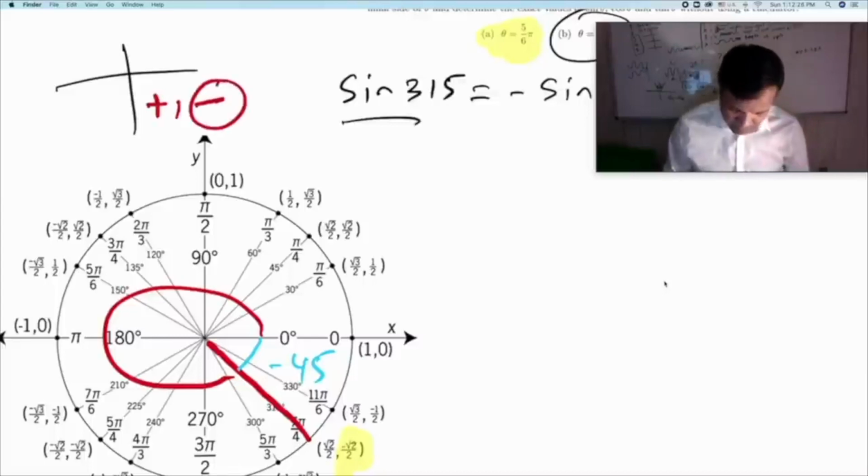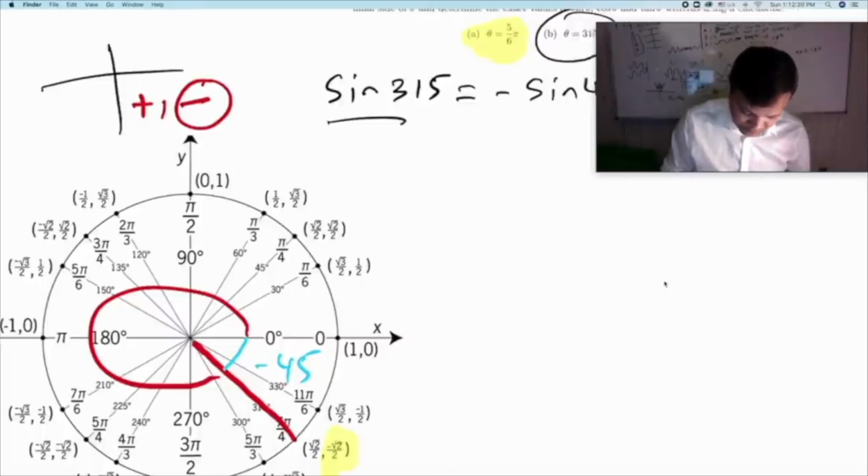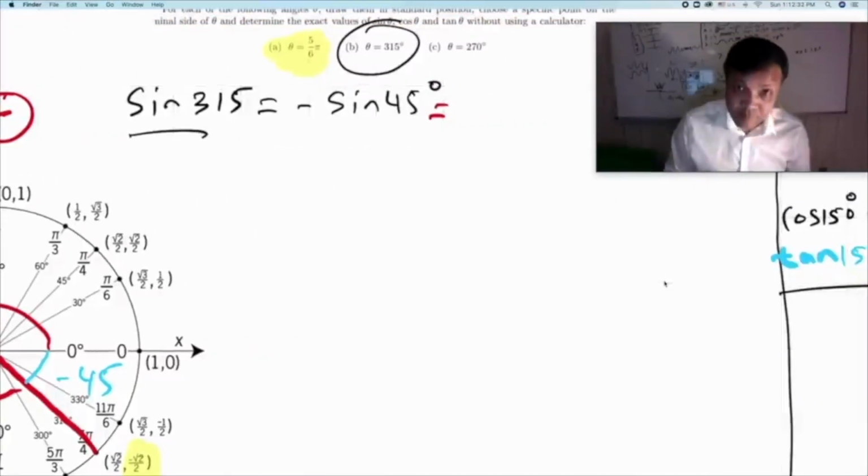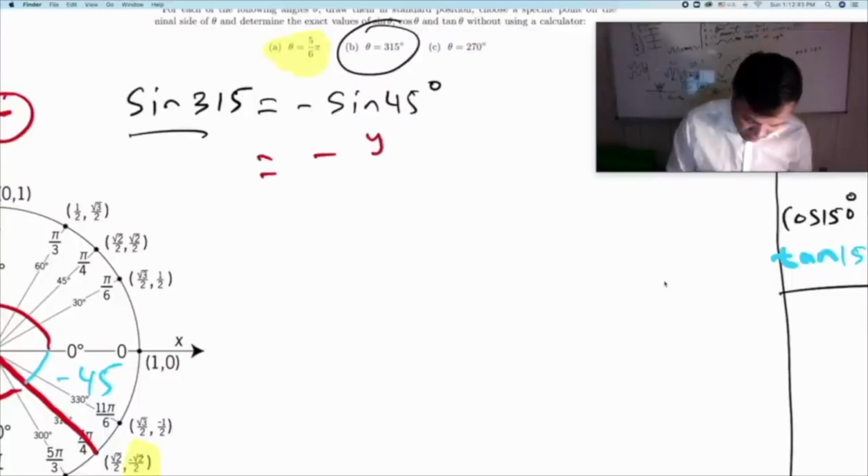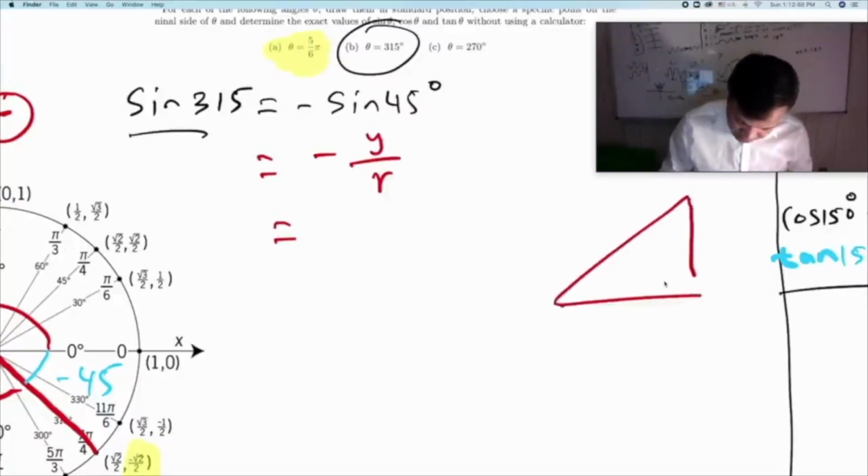So sine of negative 45 degree is equal to negative y over r. So what is y? Let's create the right triangle. This is 45, this is 90, and this is also 45. So this is 1, this is 1, this is square root of 2.